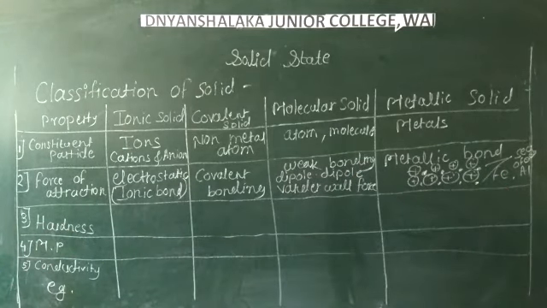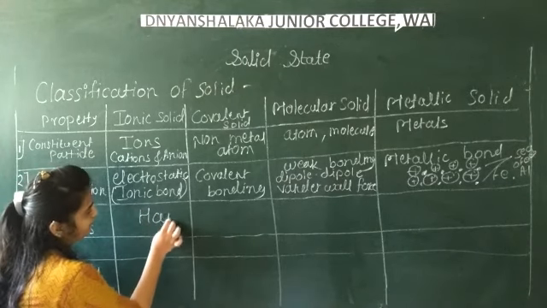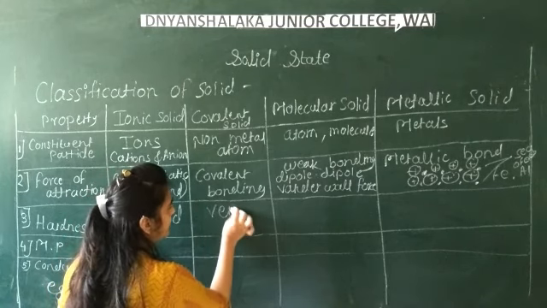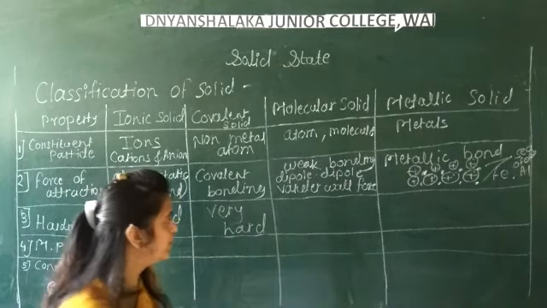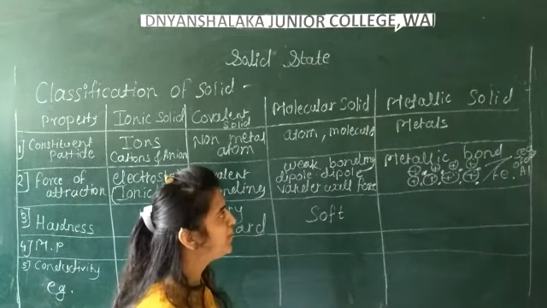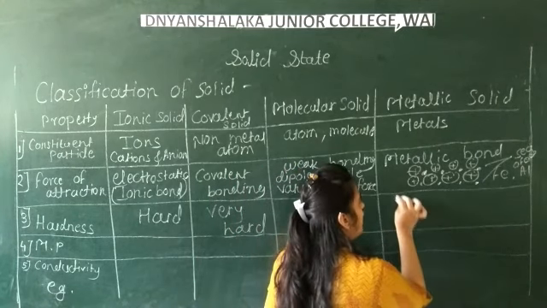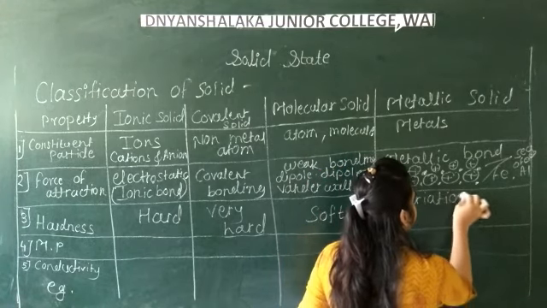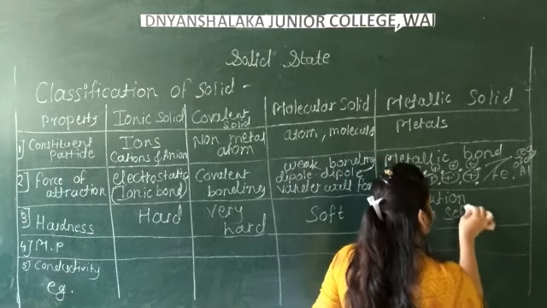Next property, hardness. Ionic solids are very hard. Covalent solids are very hard. Molecular solids are soft. And in metallic solids, hardness varies from soft to hard.